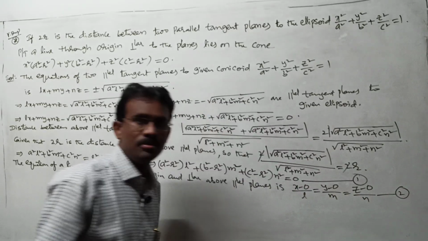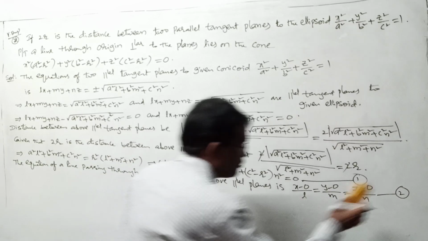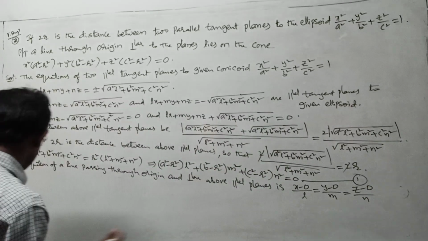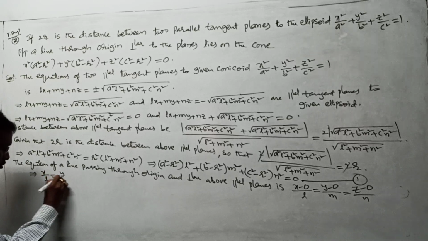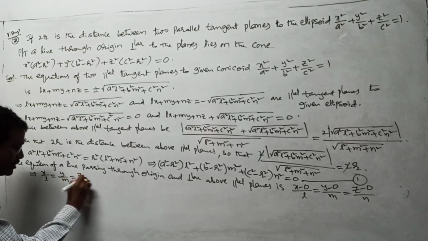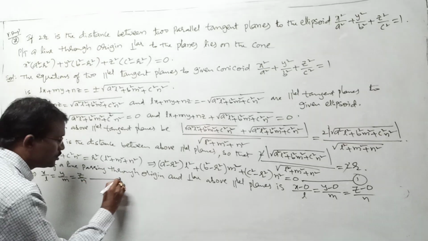Any problem here? Otherwise you can write it as x by l is equal to y by m is equal to z by n. Let this be number 2.